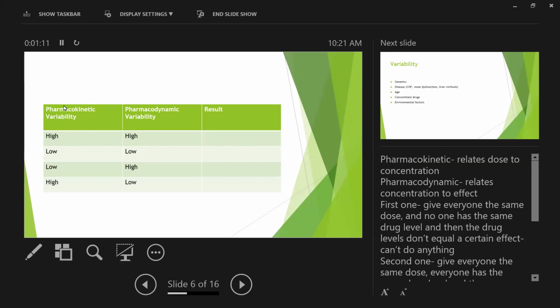So in this first case, when pharmacokinetic variability is high, let's remember what pharmacokinetics versus pharmacodynamics is. Pharmacokinetics is the relationship between the dosing regimen that we give and the concentrations we see.